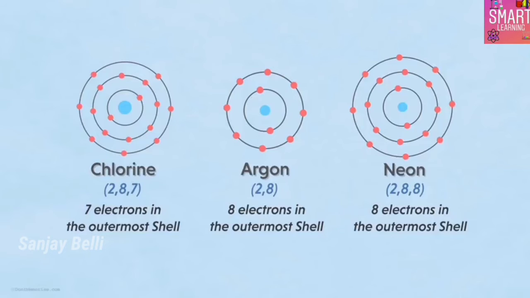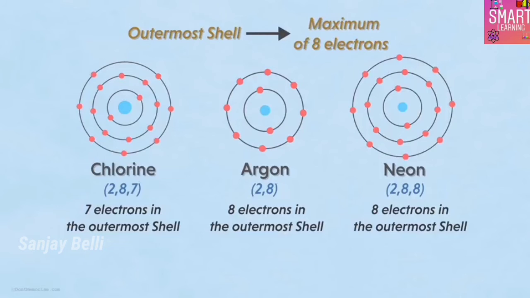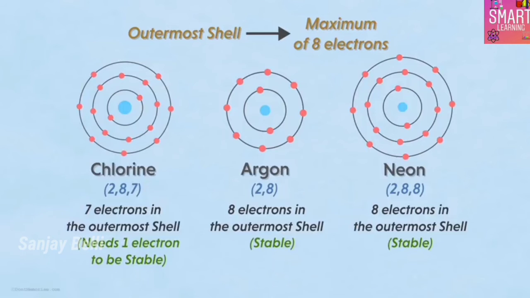And why is this so? That's correct. It's because the outermost orbital of any atom can accommodate a maximum of 8 electrons. That is the reason all the atoms of various elements are in a constant struggle of attaining 8 electrons in the last shell. That is, achieving the octet state.